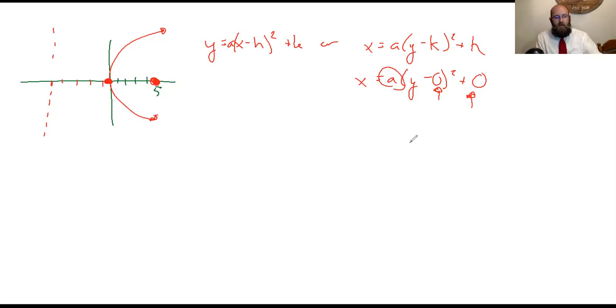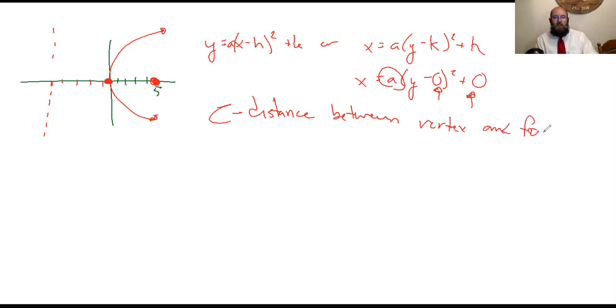And I can do that, but first I'm going to have to do this with my c value. Remember, c is the distance between my vertex and focus. There we go. So my distance from here to here is how much?